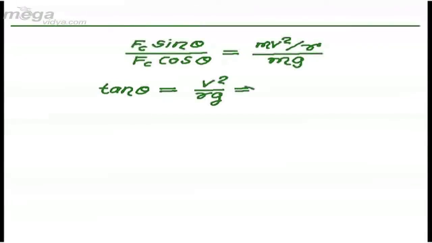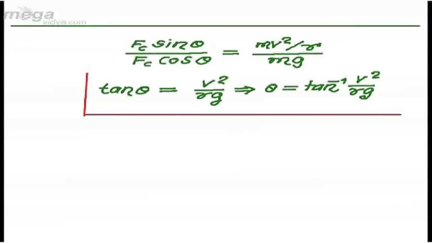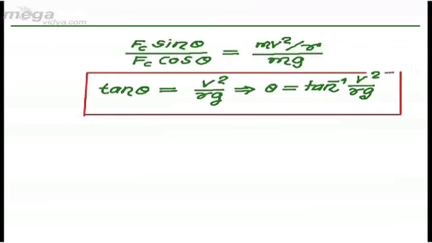This is the value of angle theta, which is tan inverse v square by rg. This will be the angle at which the man must lean his bike for the safe turn with the speed v which has been given.